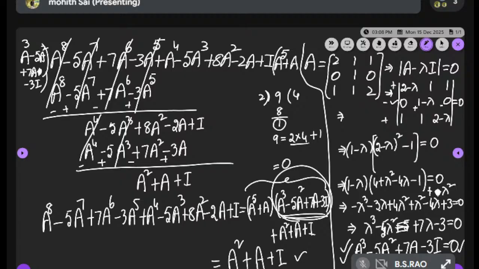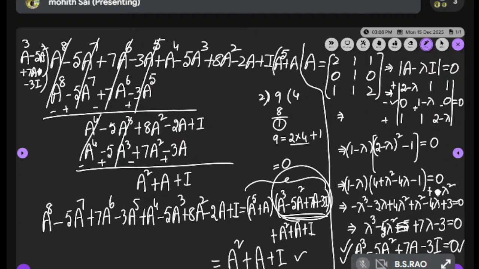Just do simple problems, 2 more problems on the eigenvalues and eigenvectors, and then we will do the next.